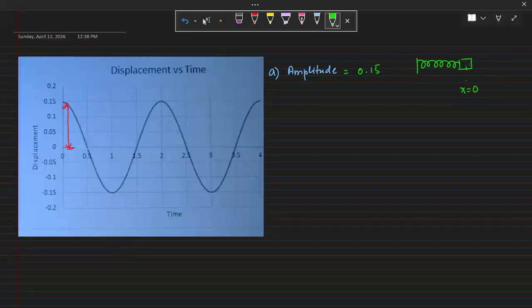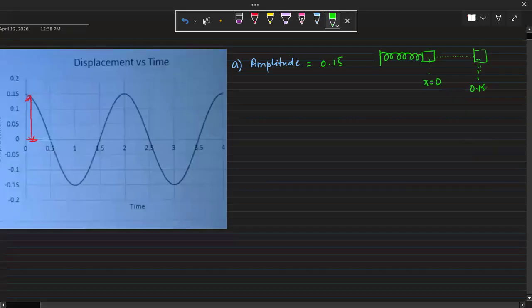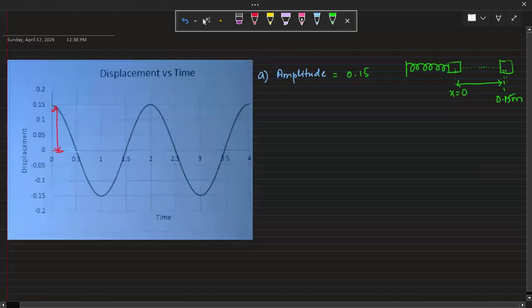When you stretch it, the force is stored in it, up to the maximum point till you stretch it. So that's going to be 0.15 meter. Okay, clear? This is how you state the amplitude in this system, 0.15 meter. So that's how the amplitude is considered from the mean position.